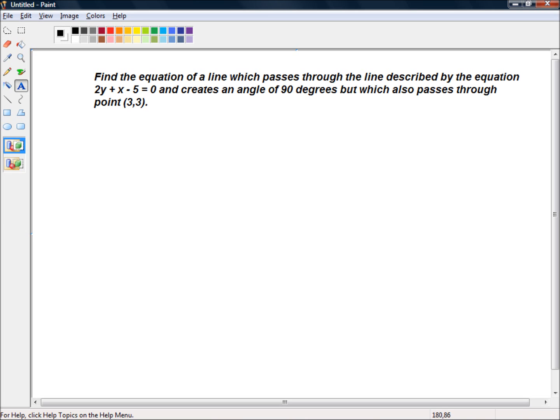So the first thing we need to do is to take the line 2y plus x minus 5 equals 0 and put it into slope-intercept form. So we need y equals mx plus c, so let's just rearrange this a little bit. 2y is equal to -x plus 5.